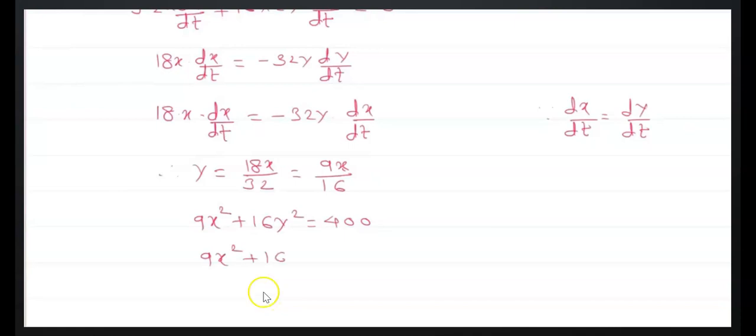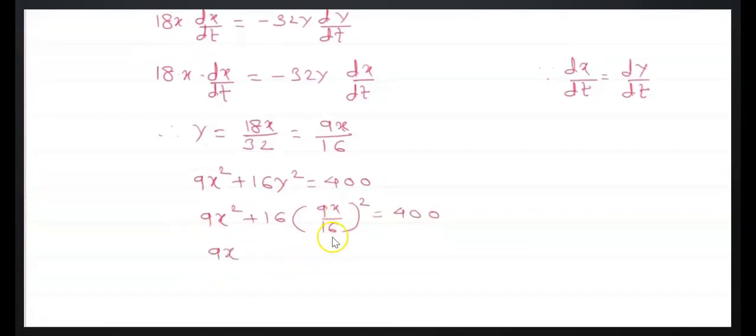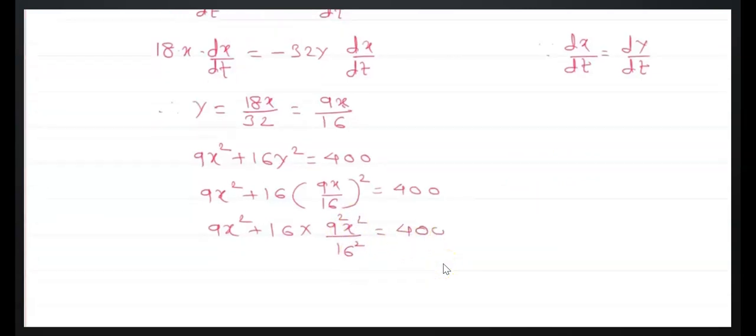If we substitute the value of y in this equation, 9x square plus 16y square is equal to 400, you will get 9x square plus 16 in bracket 9x upon 16 bracket square is equal to 400. Therefore 9x square plus 16 into 9 square x square upon 16 square is equal to 400.